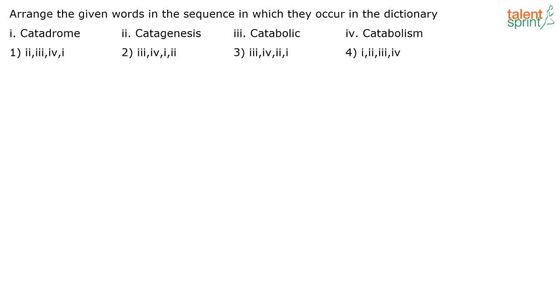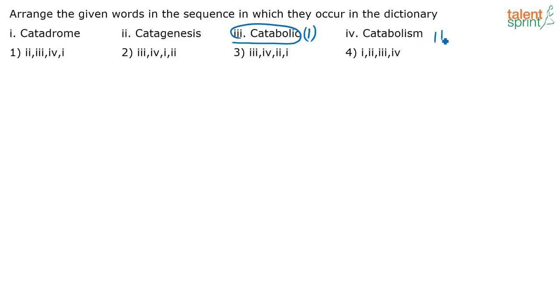Okay, for this question, again, a lot of you have given me the answer. Fairly easy question. So what would be the first word that comes? Catadrome, catagenesis, catabolic, catabolism. Catabolic will be the first word in alphabetical order, followed by catabolism.